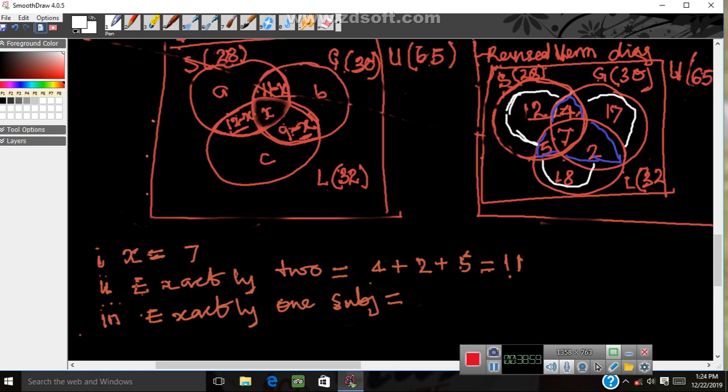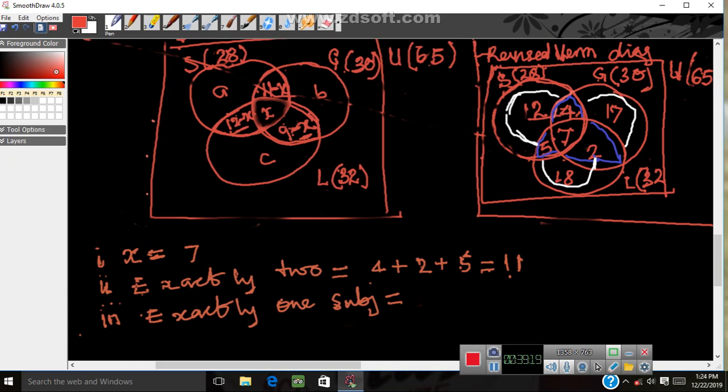So exactly one means that this section is only leatherworks, only sculpture, and only graphics. So that section is going to give me, what do I have?